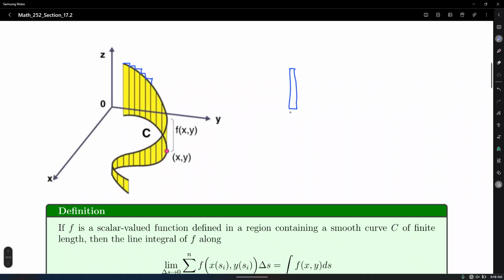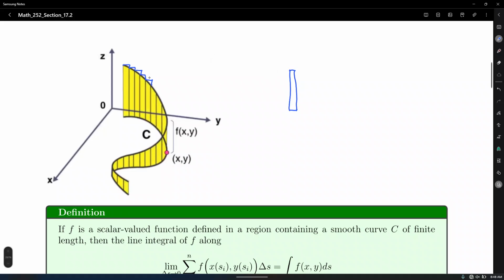Well, number one, I would use delta x, because that's the length of the rectangle. But no, in this case, we already have x for the x dimension, the y dimension, and the z dimension. So I need a different element. Remember the letter we used to describe arc length? S. So I'm going to use delta S right here.